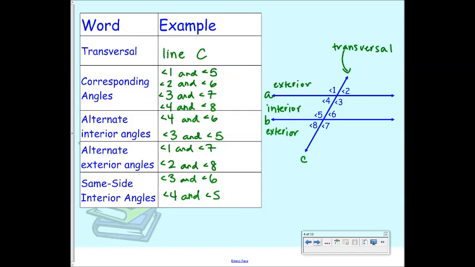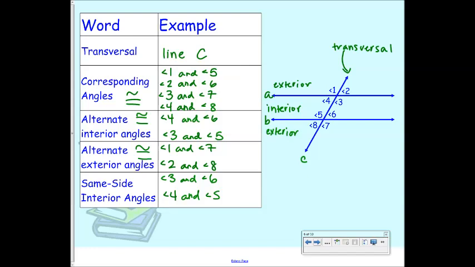Now, again, we're not doing this just to learn the vocab. We're doing this because there's things that are true about all of these. Corresponding angles, alternate interior angles, and alternate exterior angles are all, what's this symbol? Congruent, which means that they are the same. So if 1 is 60, what's 5? 60.